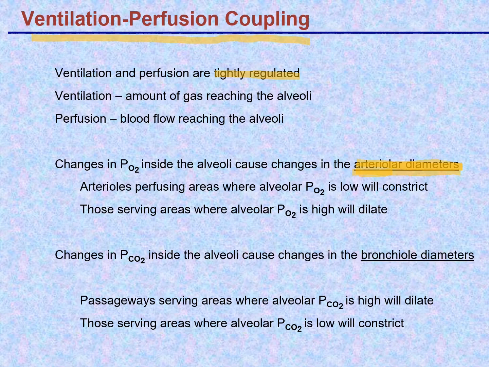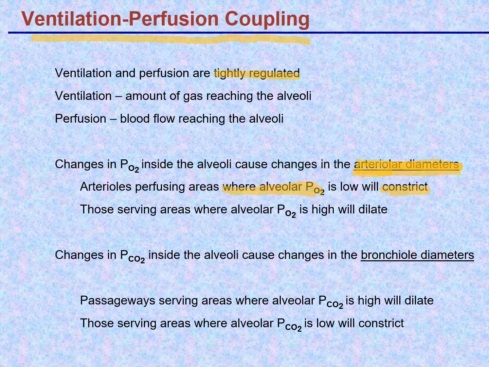So the arterioles that perfuse the alveoli, that send blood into the capillaries around each alveolus, those arterioles that perfuse areas where alveolar PO2 is low, they tend to vasoconstrict. They will constrict and be narrower.